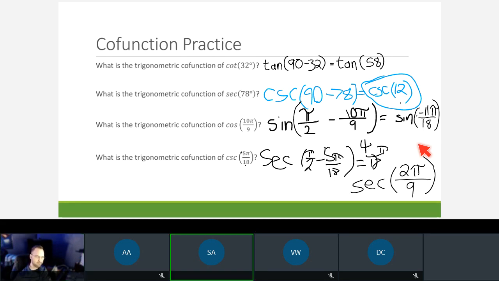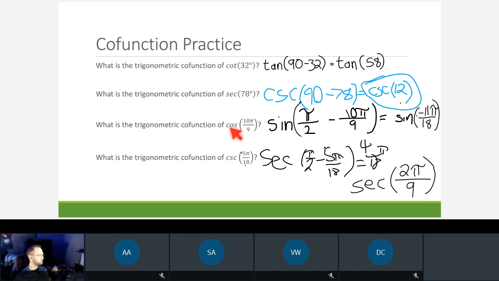When I plugged in number 3, I just did pi over 2 minus 5 pi over 18, and I still got the same answer. Is that okay to do? Yeah, that's all we're doing. We're just rewriting the cofunction form. We're not actually typing in sine or cosine or tangent. We're rewriting the equivalent. That's all this is.